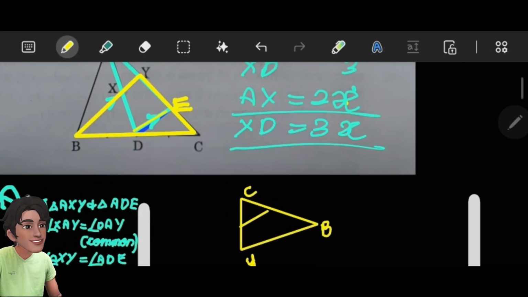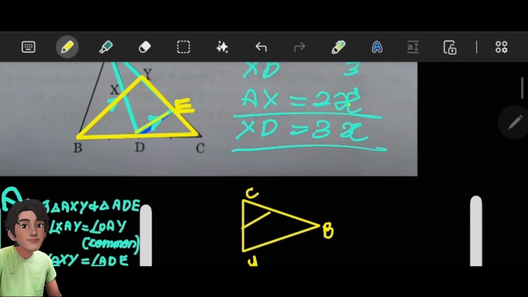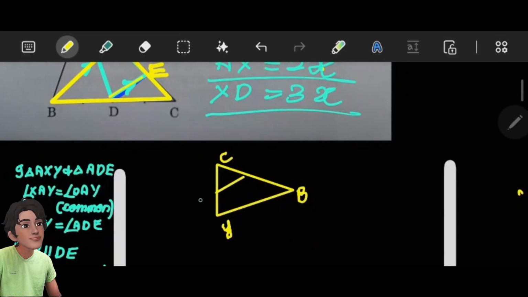Here as we can see, DE is parallel to the base side YB.